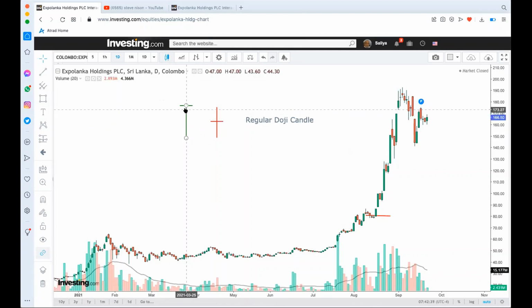But with a long lower shadow, a long lower wick like this. This is called a dragonfly.